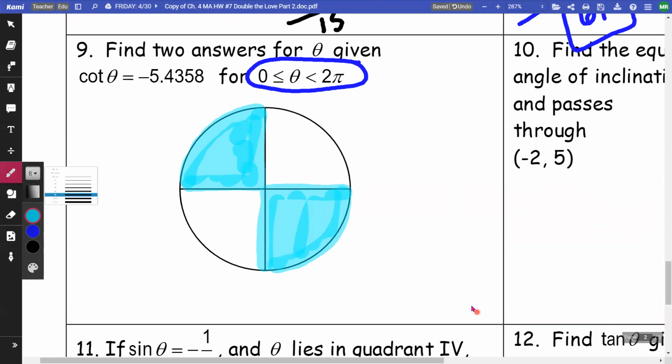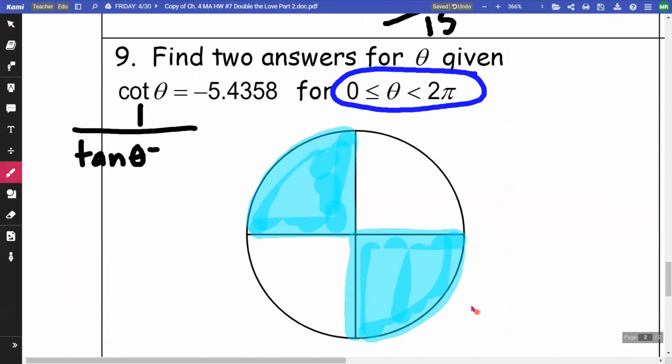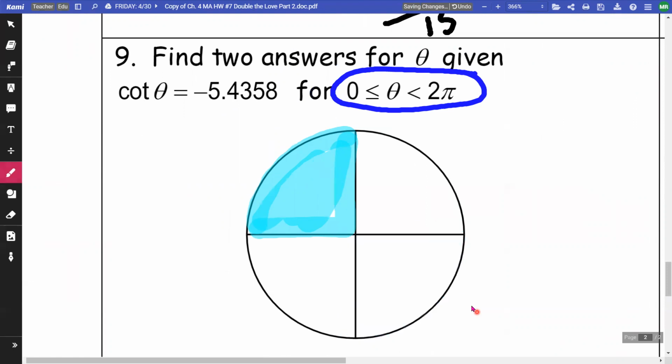Now, I cannot put cotangent in my calculator, so I am going to be thinking of instead my reciprocal, which is going to be tan. Let me think about it this way.